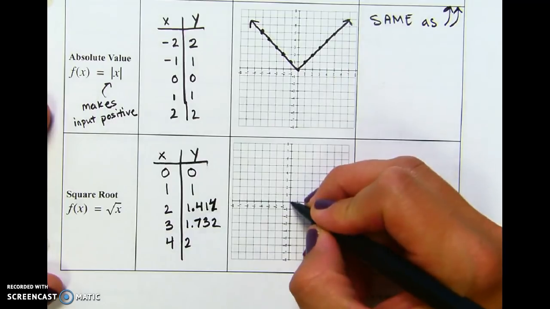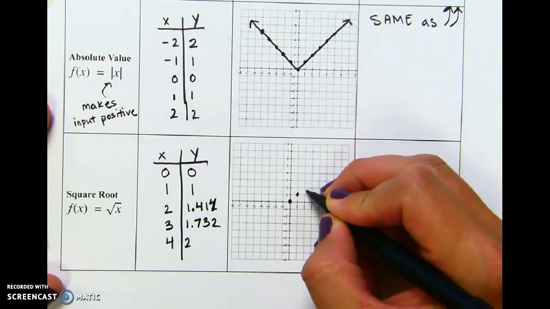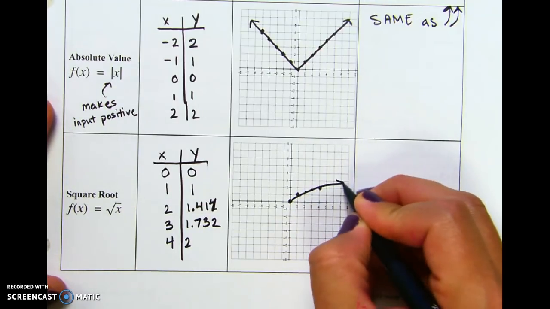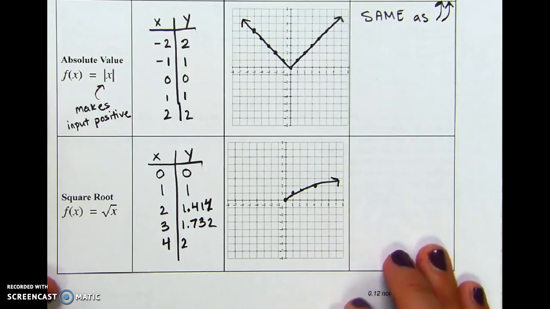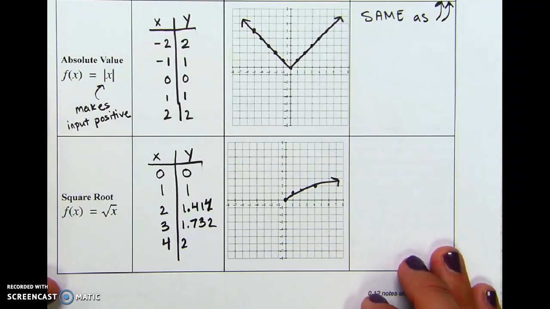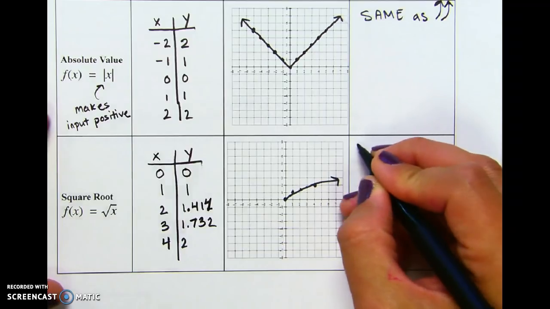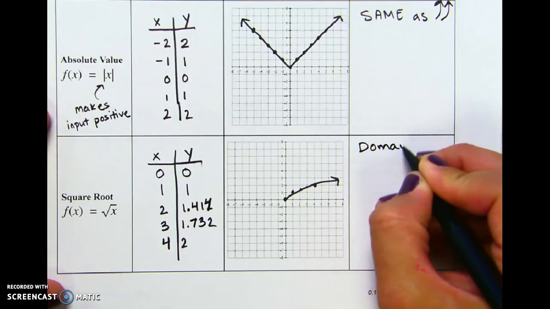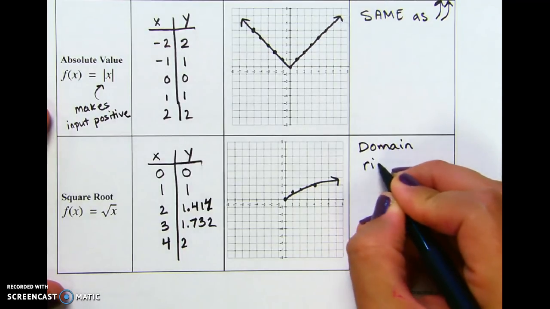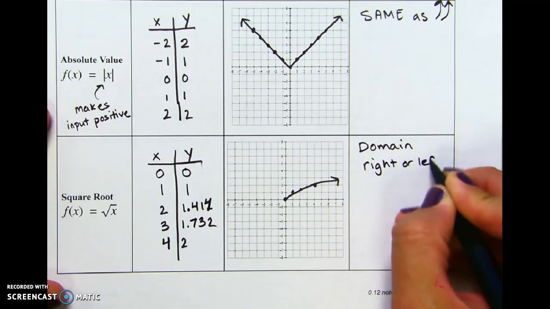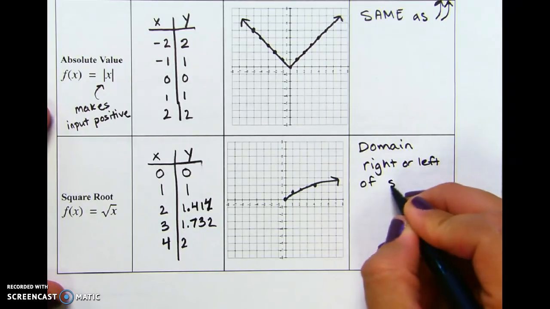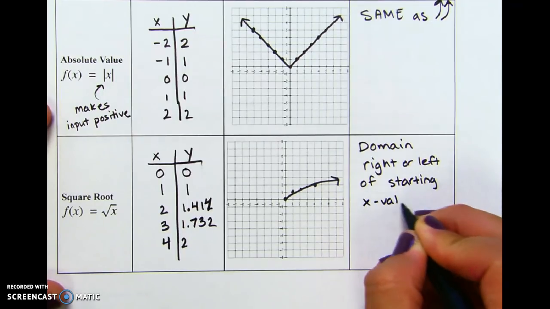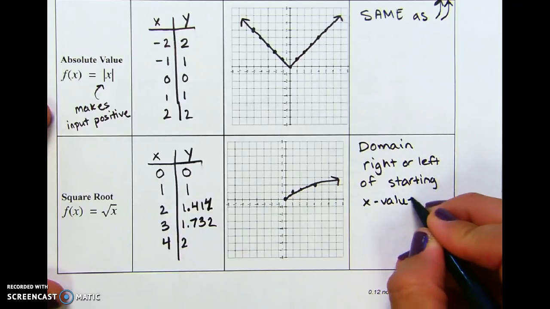Okay, let's graph this. 0, 0, 1, 1, 2, 1.4, 3, 1.7, 4, 2. And it looks like an arm. Well, that's what I think it looks like. Okay. So the domain will be to the right or left of the starting x value, but they're going to flip and flop and turn around, so we don't really know.